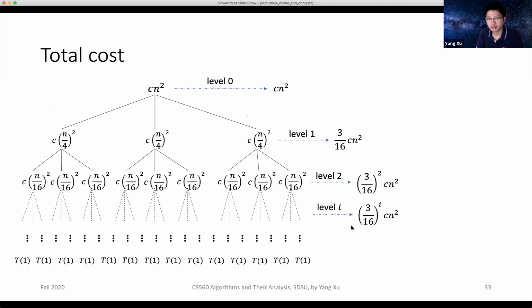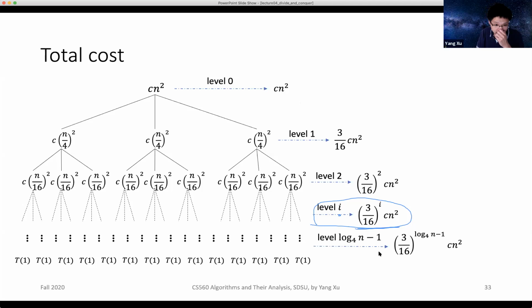For any level i between the root node and the leaf node, as long as i doesn't hit the bottom level, we can describe the total sum by this quantity. When it hits the leaf node level, it should be described by this quantity. That is the bottom level.